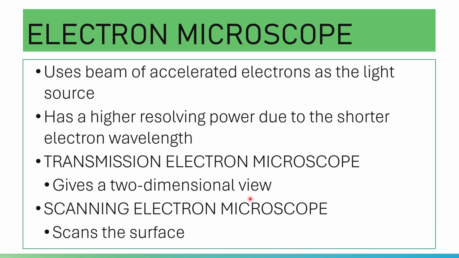By the way, your TEM produces a two-dimensional image, while your scanning electron microscope scans the surface of the sample, producing a three-dimensional surface view, with a great depth of field. In scanning electron microscopy, you can observe the surface morphology of your cells, tissues, as well as other objects. That is for your SEM.